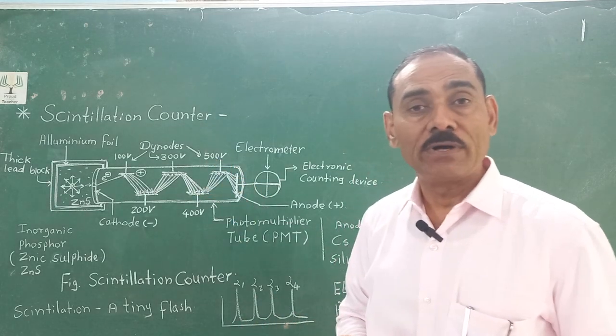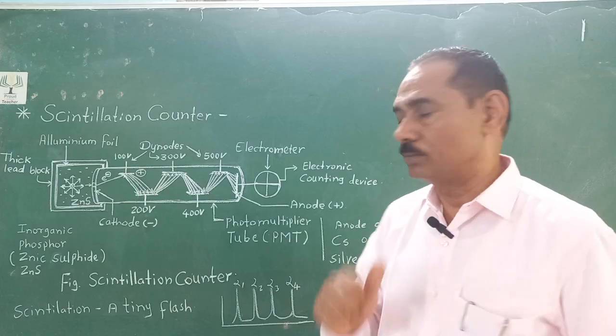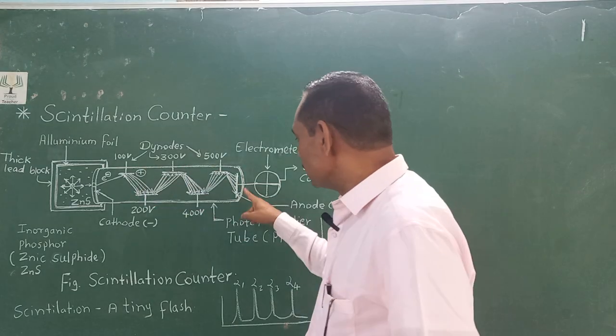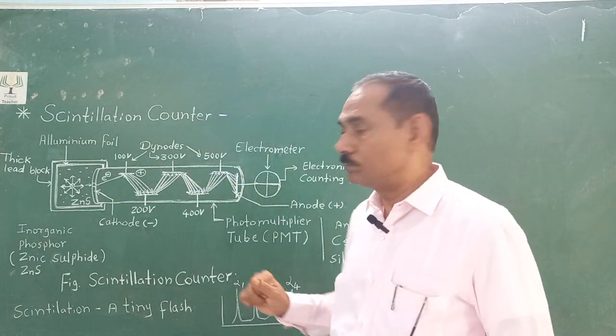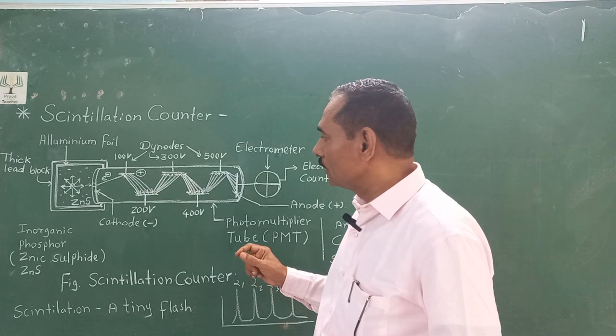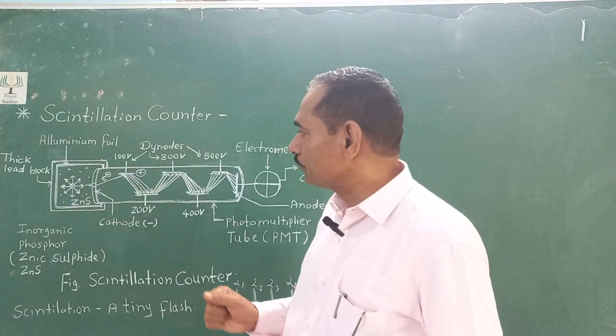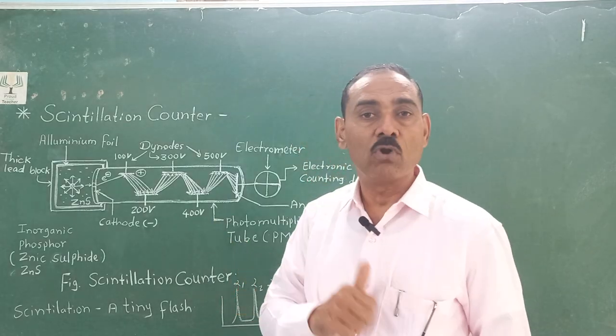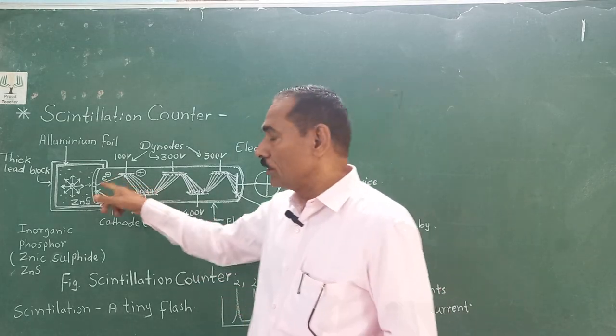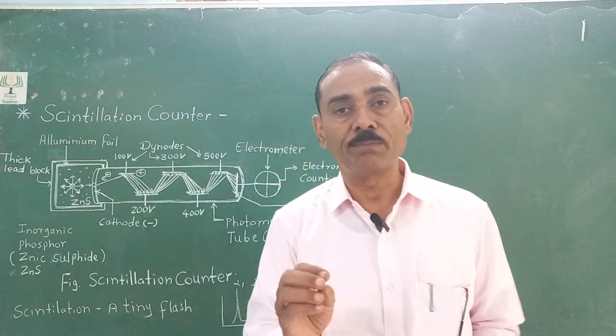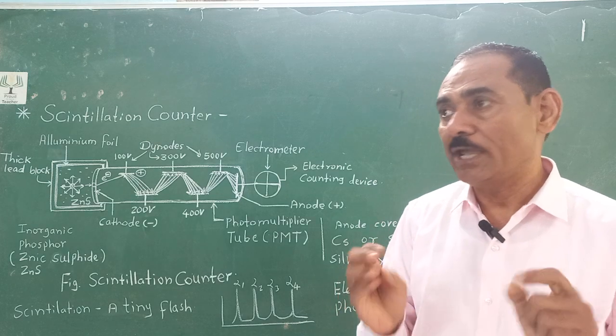That main part is called the photomultiplier tube. This is that photomultiplier tube, and on the left hand side of it there is a thick lead block in which the radioactive substance is kept.